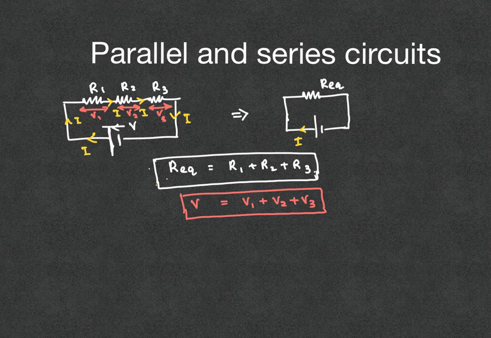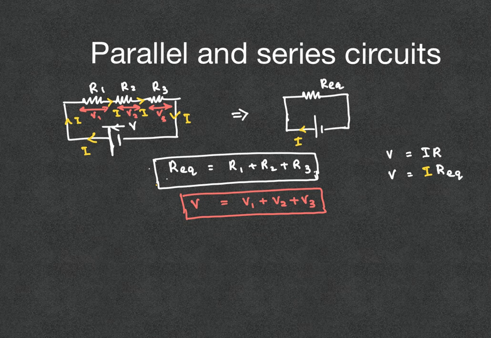And then in both circuits we can use V equals IR. So in order to find the current I, we can use V equals I, let me use the same color coding, and then instead of writing R, here we can write R equivalent.